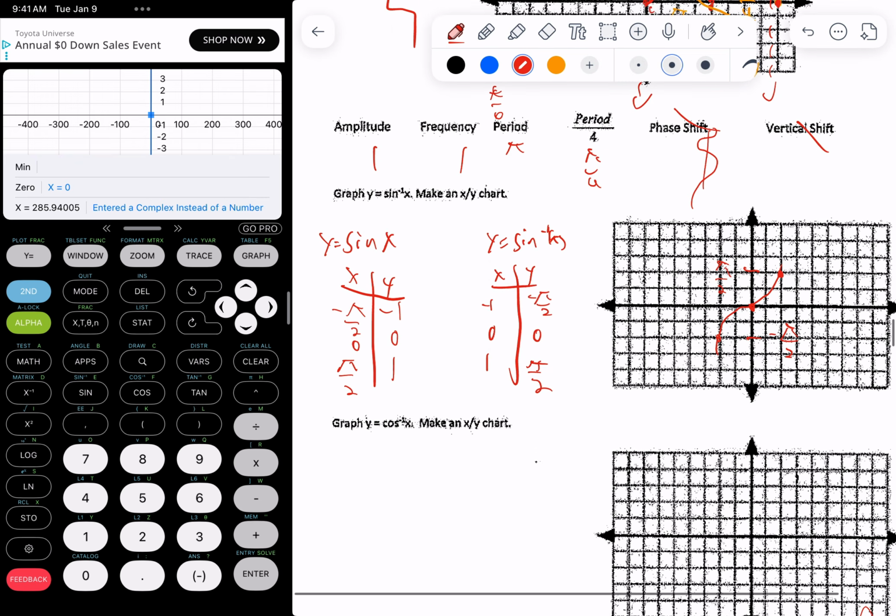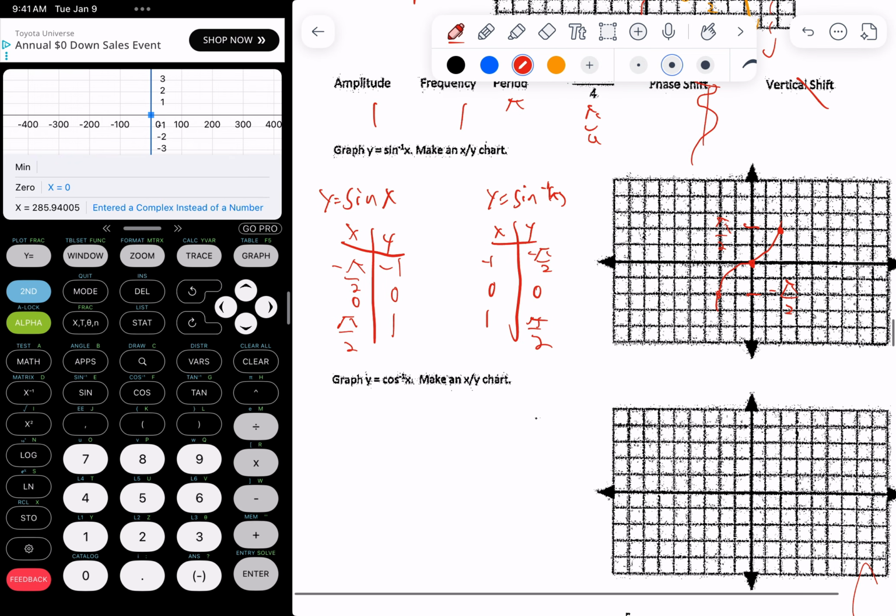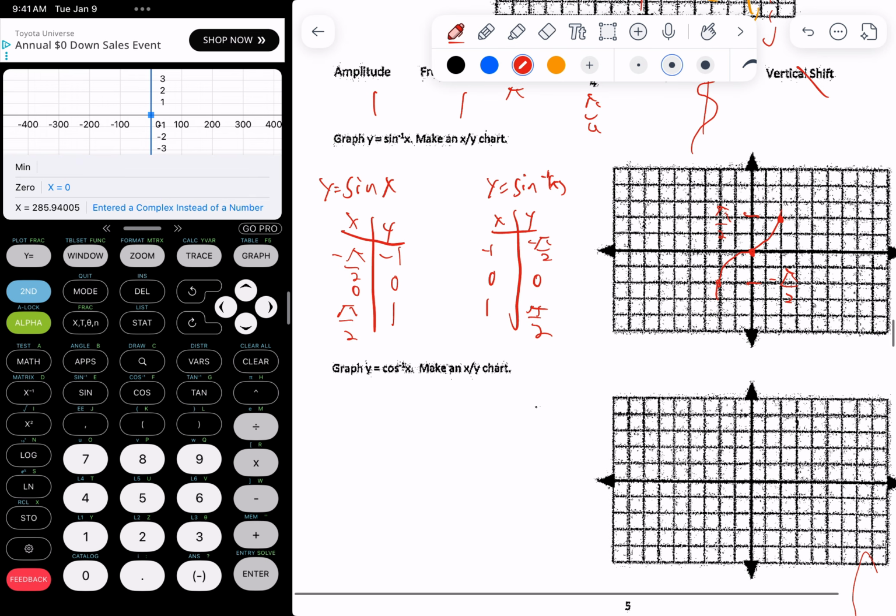And then always know which one. Always know that cosine, in a full thing, you're going to have pi. It goes up to pi, right?